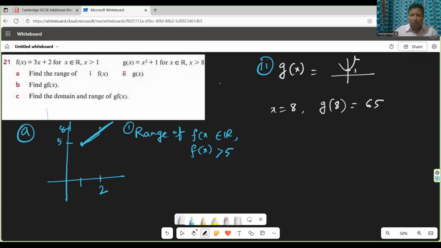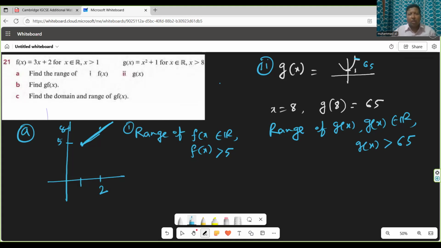So the range of g(x): g(x) belongs to real numbers and g(x) is greater than 65, because we start with x value greater than 8. When x is 8, g(8) equals 65, so the range is greater than 65.